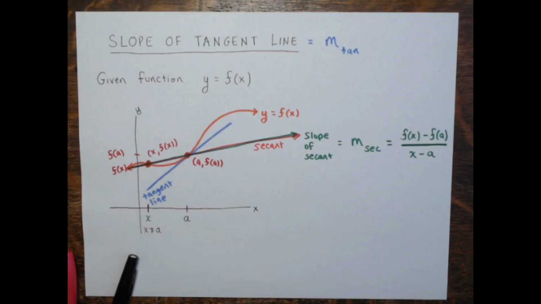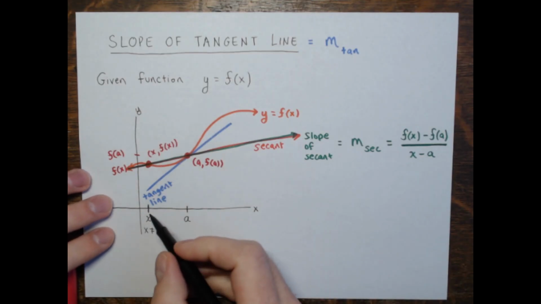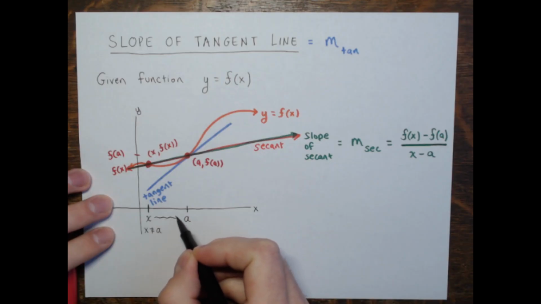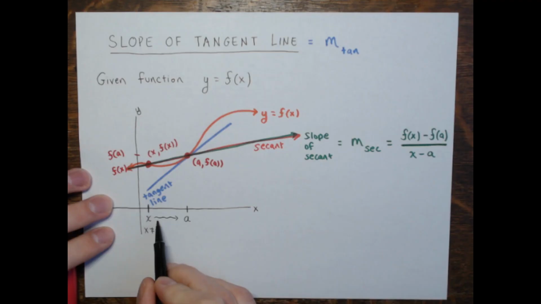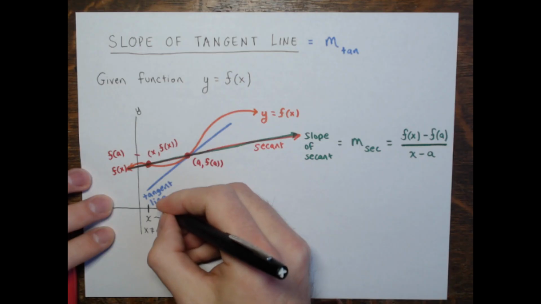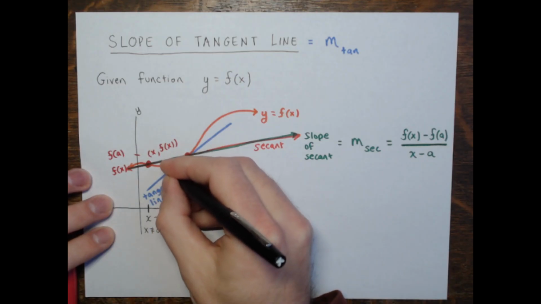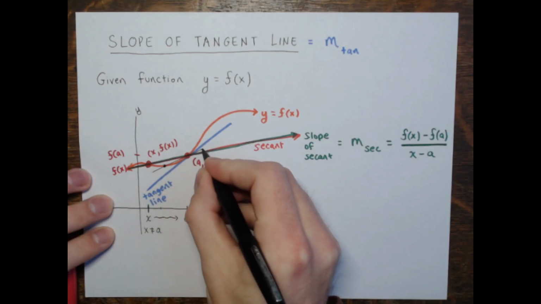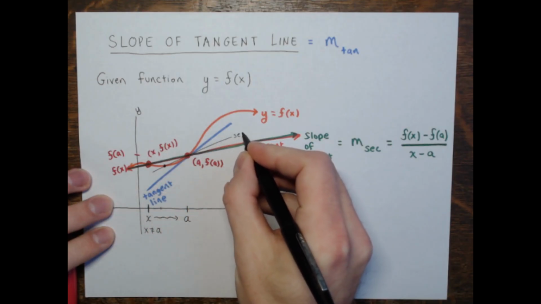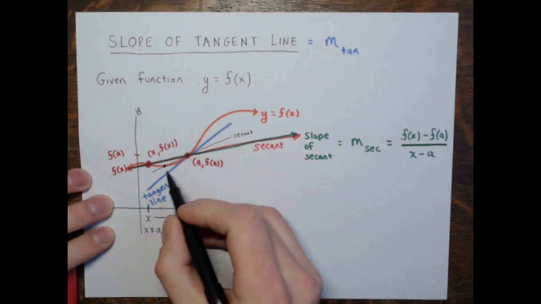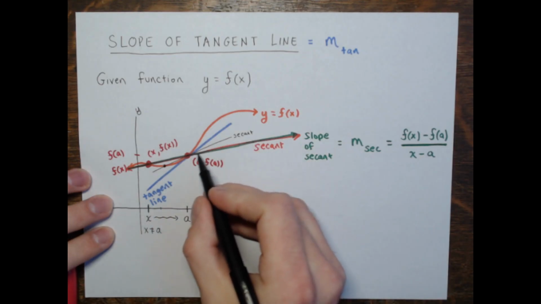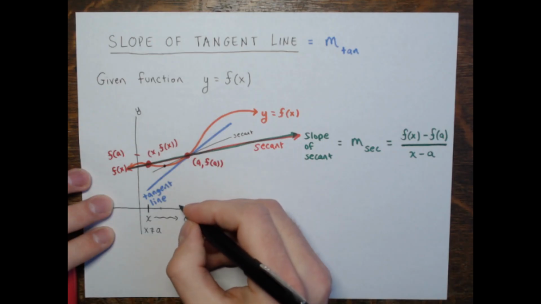For most functions, if I pick this x value that's not a to be closer and closer to a, say it were here, then I'd have this point, and then this would be my secant line. So here's another secant, and you see how that line I just drew would be closer to being the tangent line.